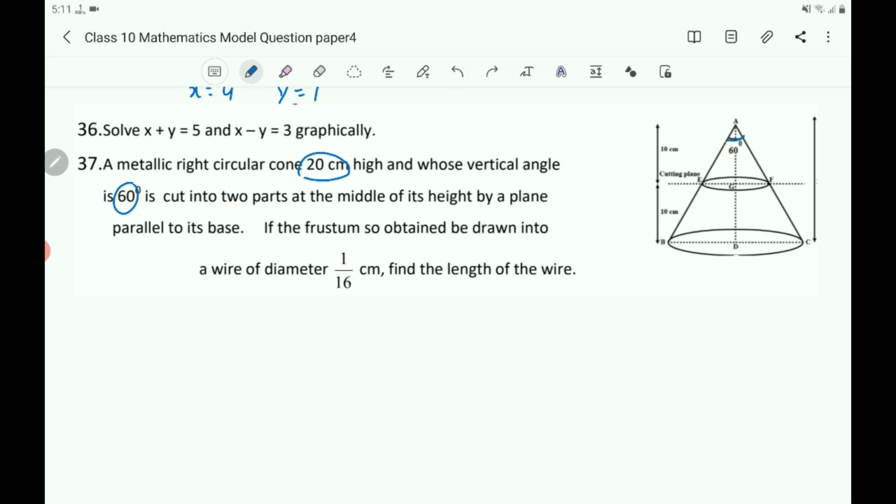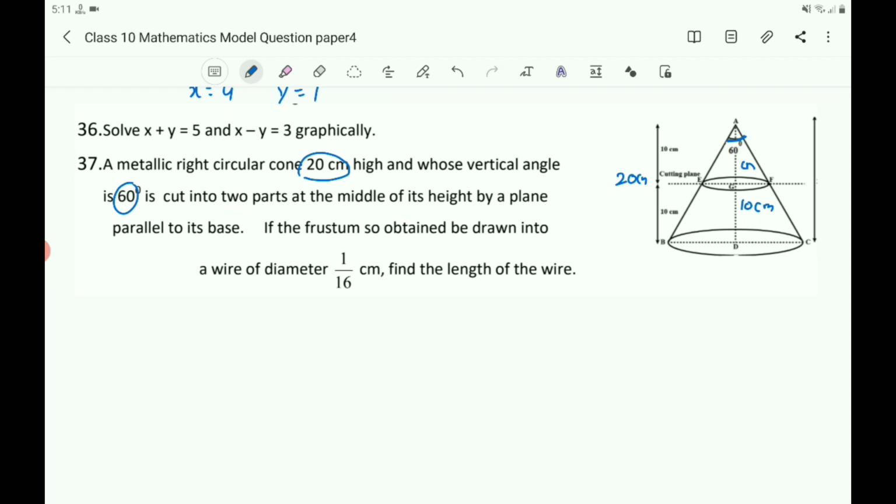Here the height of the cone is given, that is 20 centimeter, and the vertical angle is given, that is 30 degree, and this cone is cut into two parts at the middle of its height, meaning at 10 centimeter height it is cut, and the frustum so obtained is drawn into a wire of diameter 1 by 16 cm.